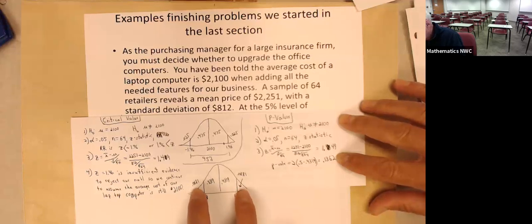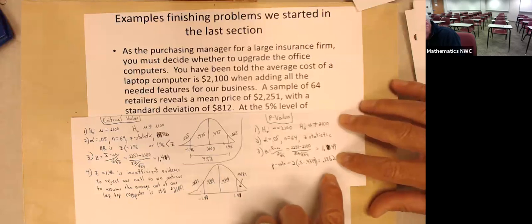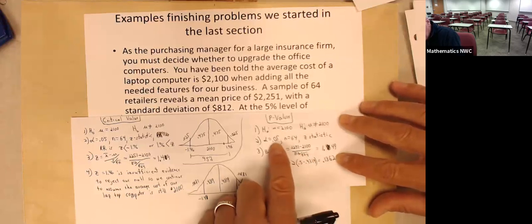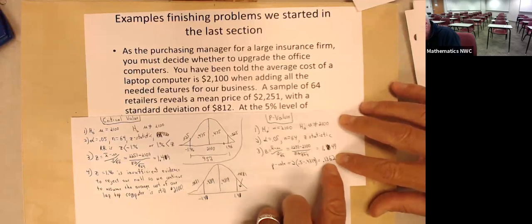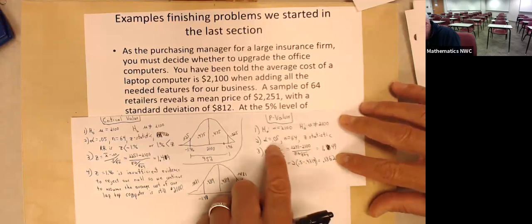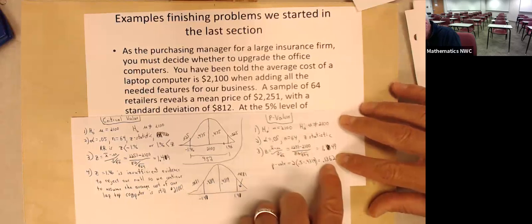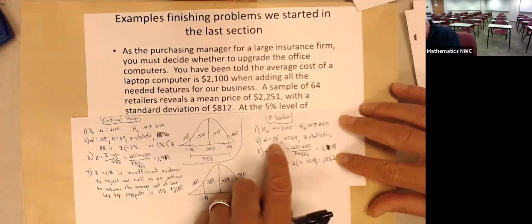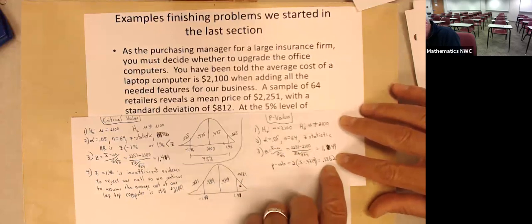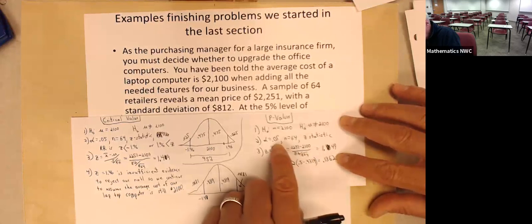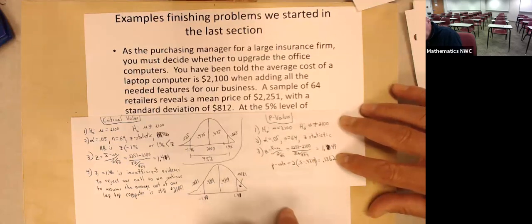Now, here's the deciding factor. I take my p-value and I compare it to the alpha. I'm going to say that again. Take my p-value, compare it to the alpha. If this p-value, which is a probability, is less than alpha, that means I went over the line. If this p-value is not less than alpha, it means I did not go over the line.